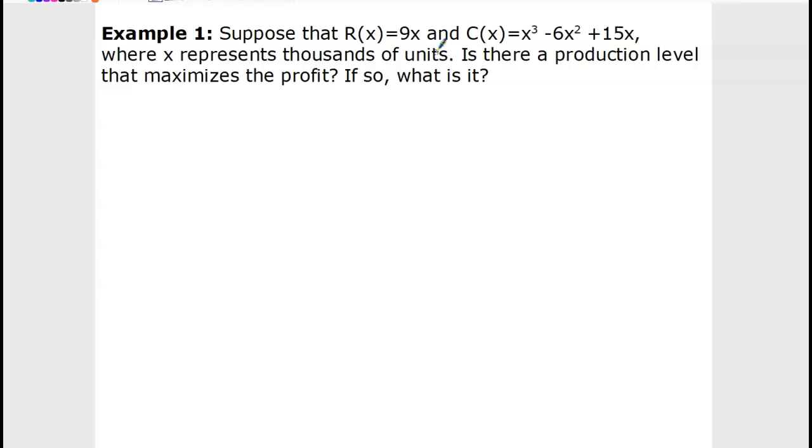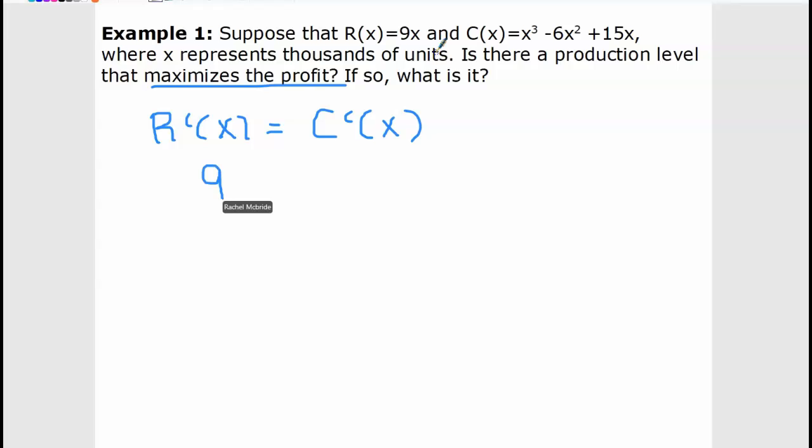So again, if I am trying to maximize profit, I need to find where the derivative of revenue equals the derivative of cost. To maximize profit, I'm setting the derivative of each of these equal. So the derivative of r of x is equal to 9. Derivative of cost is 3x squared minus 12x plus 15.